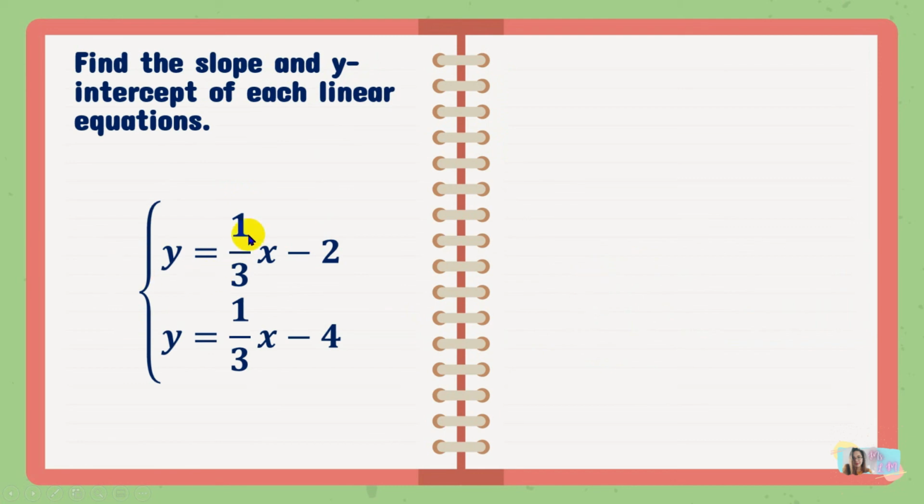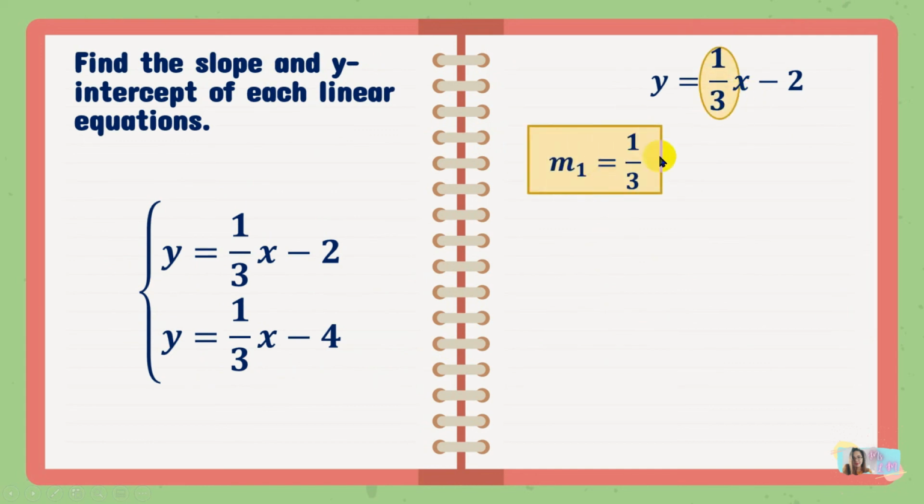Okay. We have here y is equals to 1/3 x minus 2 and y is equals to 1/3 x minus 4. Again, written na siya into slope-intercept form. So, wala na tayong magaganap na rewriting of linear equations. So, identify na lang natin kung alin ang slope at alin ang ating y-intercept. From our first linear equation, the numerical coefficient of x is our slope, and that is 1/3.